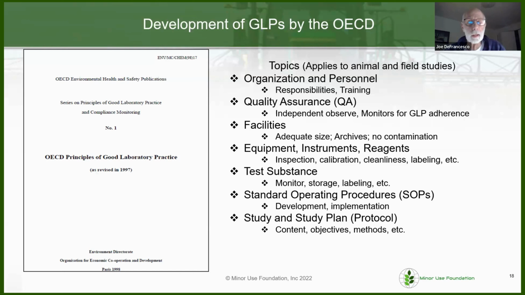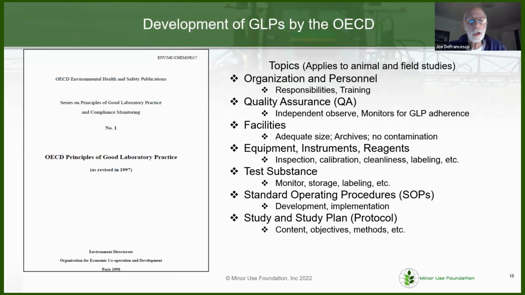Facilities is another topic you'll find in the guidelines. This is for the field and the lab. Making sure that it's adequate in size, that it has all the equipment that's needed to conduct the study. Is there a spot to store the data someplace secure and safe?